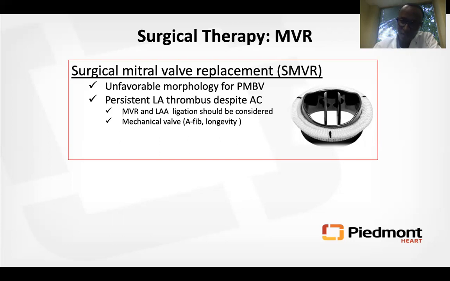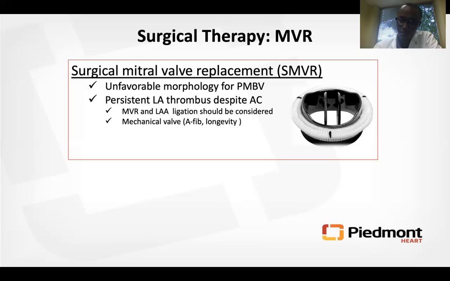They have AFib, so the point is, you give a mechanical valve that would last them for the rest of their life, rather than giving them a tissue valve that will degenerate in about 10 to 15 years, and they need another surgery. Of course, this needs to be handled on a case-by-case basis.